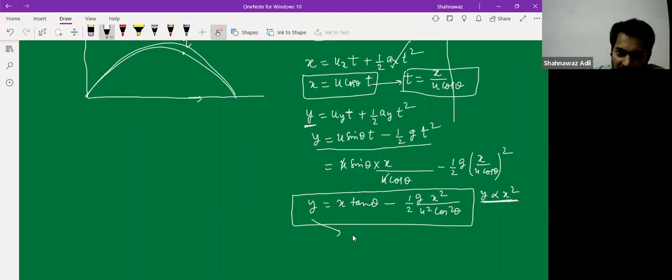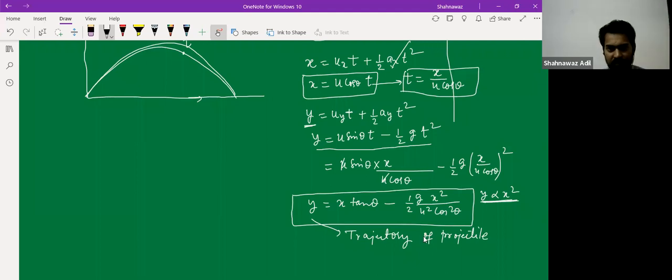So this is the trajectory, and this is very important. Trajectory of projectile. Okay, any question up to this point? Yes, sir. Okay, so the projectile is completed and we will do some questions based on these.